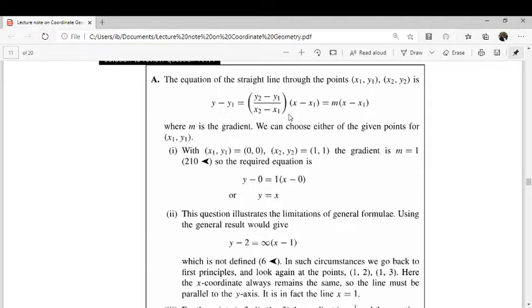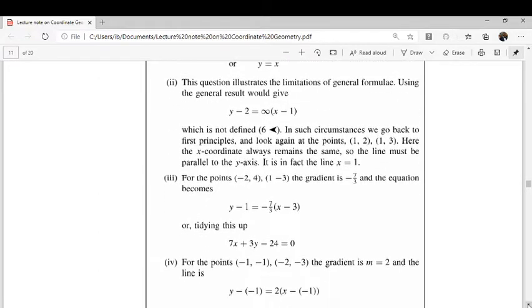But it's passing through 2 points. Now, having known the gradient, m is your gradient, and you can choose either of these points, either S1 or S2. If it's S2, it goes like this, this with this. I think we will explain it when we look at an example.